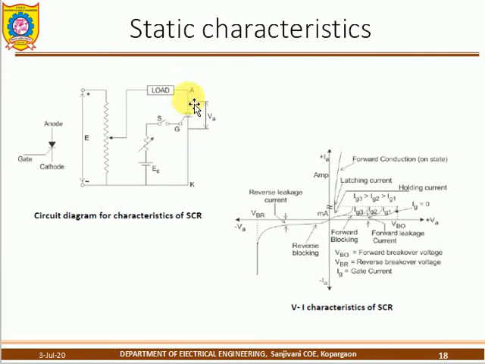Then this is the load. The load is connected in series with the anode, and the cathode is connected to the power supply. You connect an AC supply to a lamp through the SCR. For example, in modern days, IoT, the Internet of Things, or a remote control is used to switch on and off.